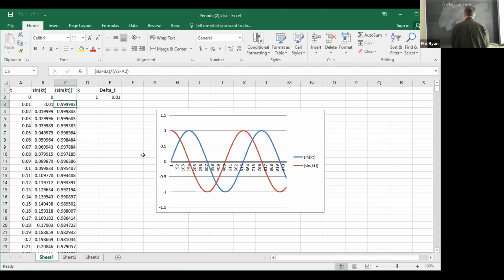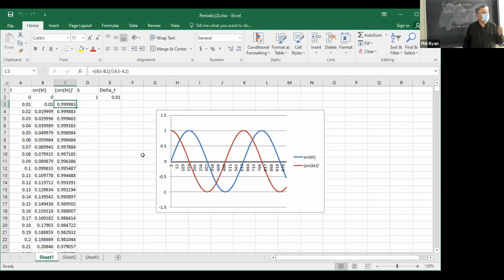Because if we have sine of kx, that's kind of like x goes to u, which is kx, goes to sine u. Derivative of this is k. Derivative of this is cosine u. Multiply them together, and we get that the derivative of sine kx is k times cosine of kx.